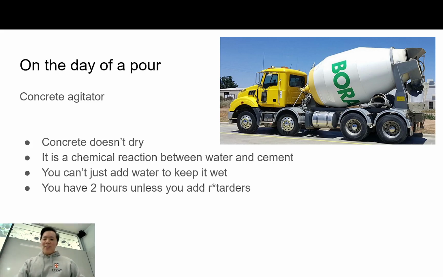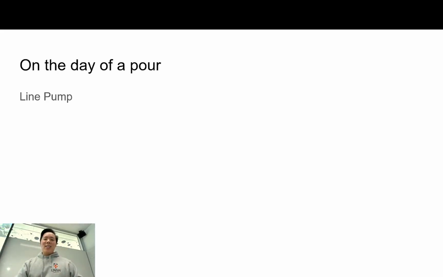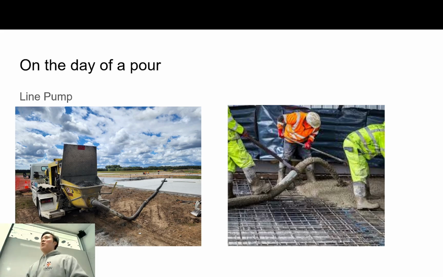So after you have your concrete on site, you might have a pump. The concrete might come onto site and your pour might be 50 meters away. You can't bring the truck right to the place because there's no access. You can't drive the truck in. So what do you do? You might order a line pump or what we call a boom pump, which is on the next slide.